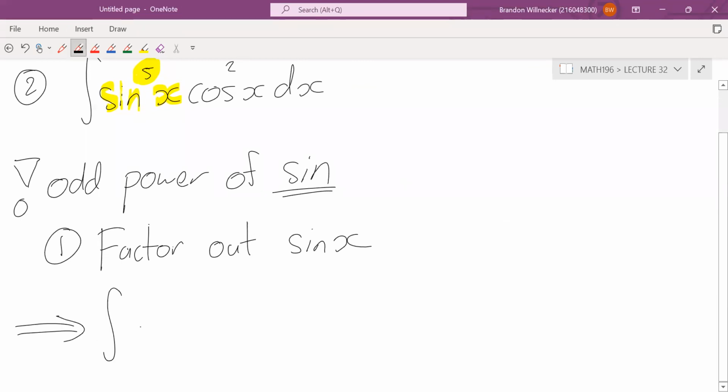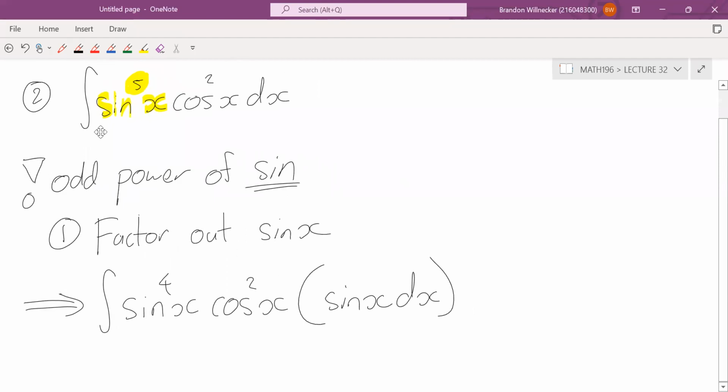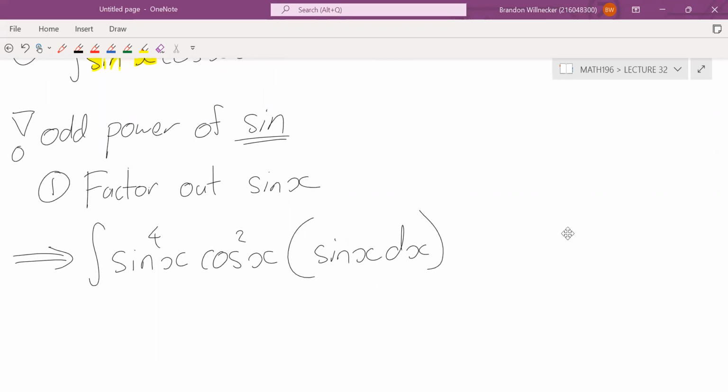It gives us the integral of (sine to the 4x cos squared x), I'll put this in brackets to show you that it's separate, times sine x dx. Okay, I took out the sine, so we're done with that. That means we need to change everything else to cos.